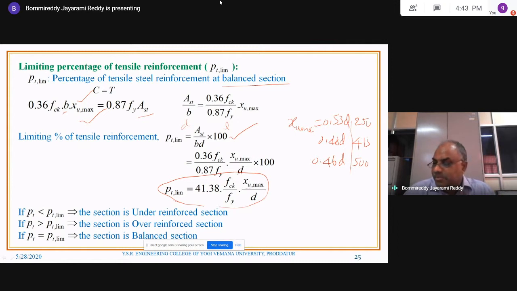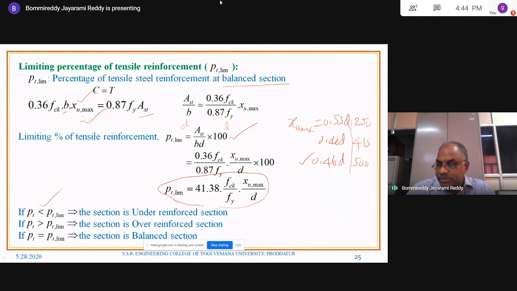Sometimes in the examination, the question is, what is the limiting percentage of steel reinforcement for Fe500 steel? In that case, you put fy as 500 here, xu as 0.46d, and fck as some given value, so that you will get the percentage. Now, based on the percentage also you can decide what is under reinforced, over reinforced, and balanced.